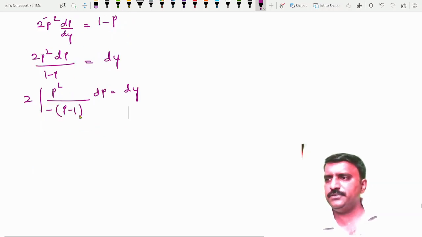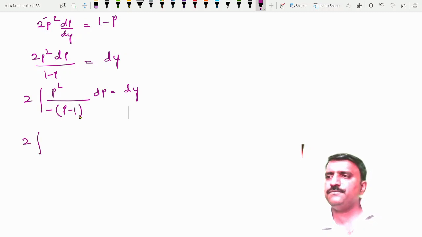Yes, here you take this as 2 into integration of, so in the numerator you subtract 1 and add 1. So I have added 1 and subtracted 1.